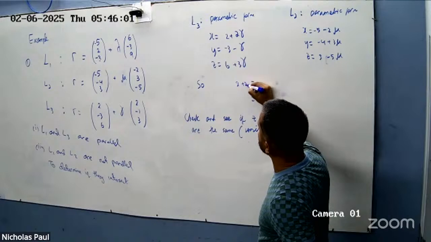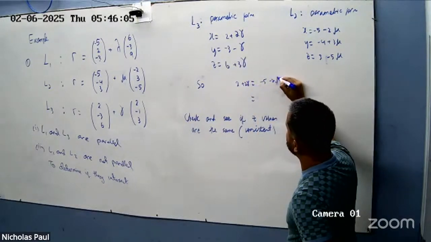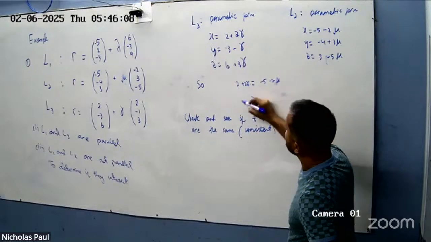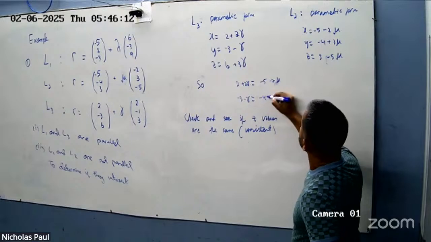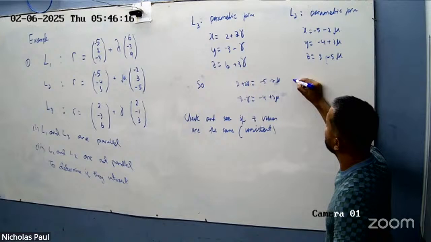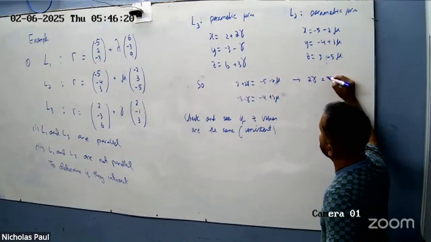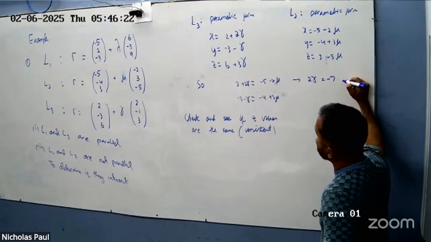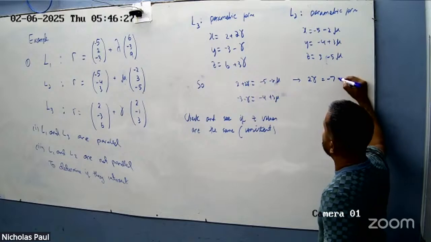So that'll be 2 plus 2 gamma, minus 5 minus 2 mu. Minus 3 minus gamma is minus 4 plus 3 mu. Right, so we have here what? We have 2 gamma is equal to minus 7.